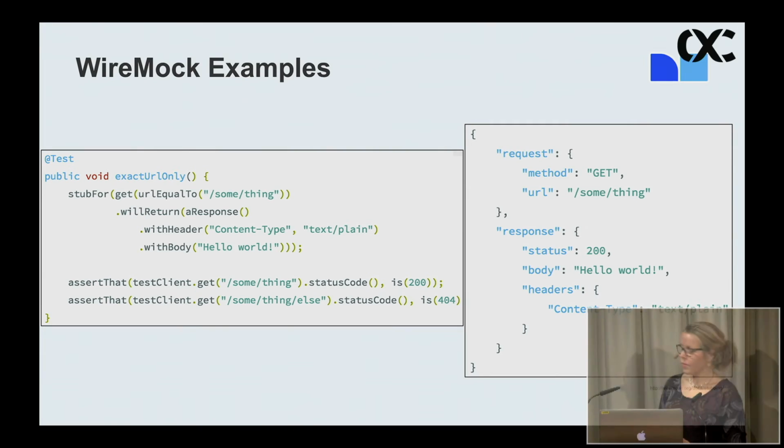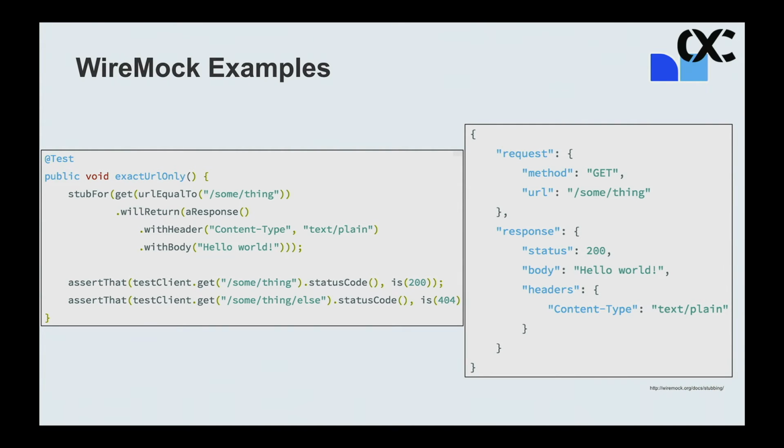Here is one example. To the left is the Java version, and then to the right is the same one in JSON. So here you say that for this URL, something, you want to return a response with hello world.